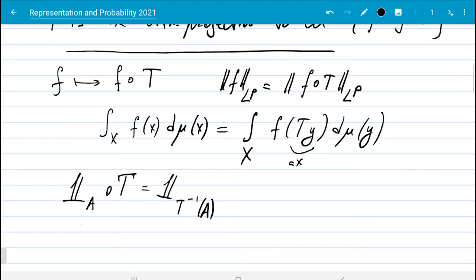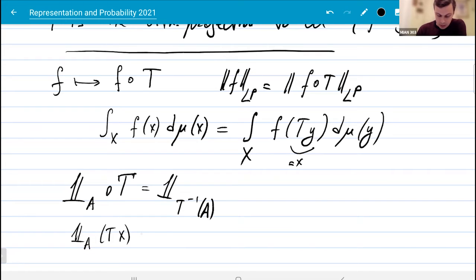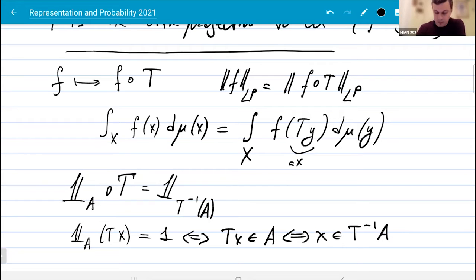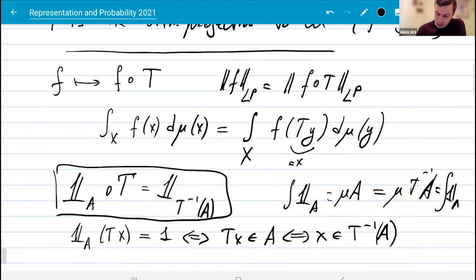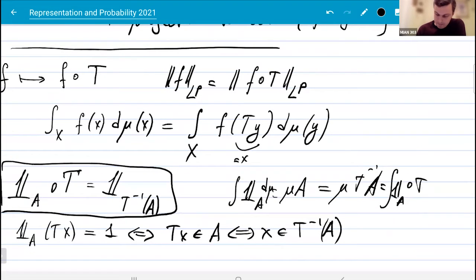Let's write it down. 1_A of T(x) equals 1 if and only if Tx belongs to A, or that x belongs to T minus 1 of A. So for this function, it is clear that the integral of the function 1_A, which is just mu of A, equals mu of T minus 1 of A, which is the integral of 1_A in composition with T. Therefore the same is true for linear combinations, and then you just take some sort of limit.